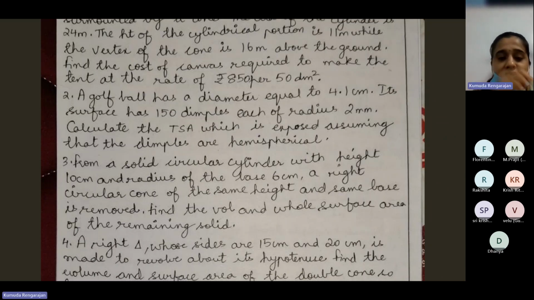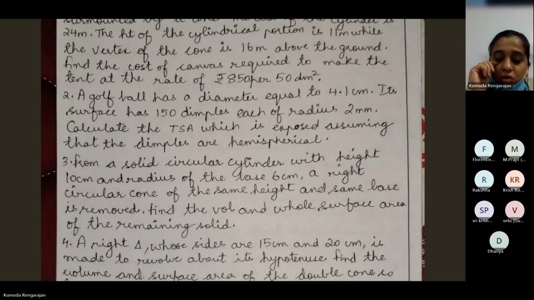Okay, then Prajit. Somebody wanted to say no? Ma'am, TSA of a sphere minus TSA of 150 hemispheres. Okay, so TSA of the sphere minus CSA of 150 hemispheres, right?